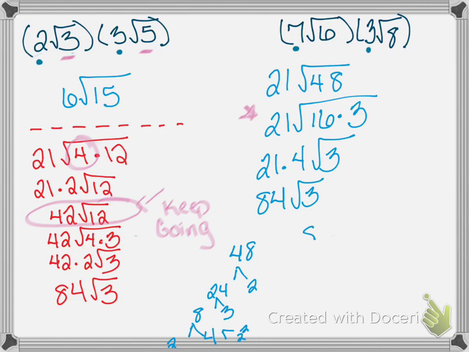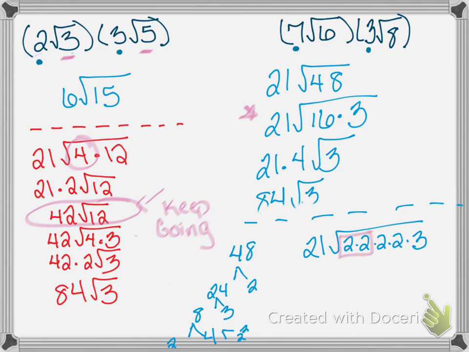So I have 21, 2 times 2 times 2 times 2 times 3. I've got 2 sets of 2s. I pull a 2 out for each set of 2. So I'm going to have 21 times 2 times 2.